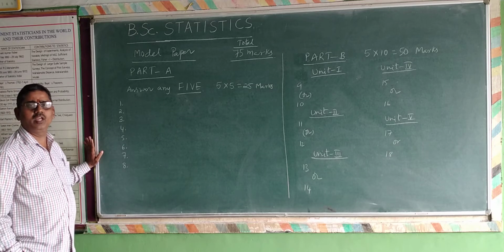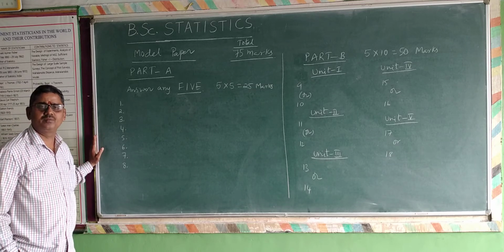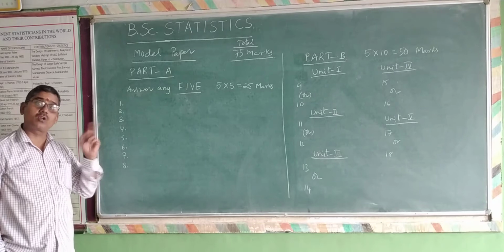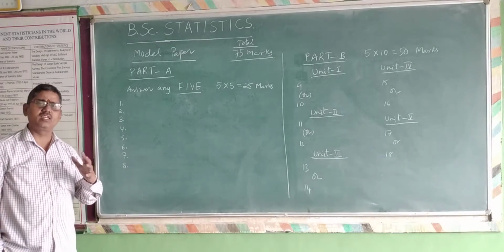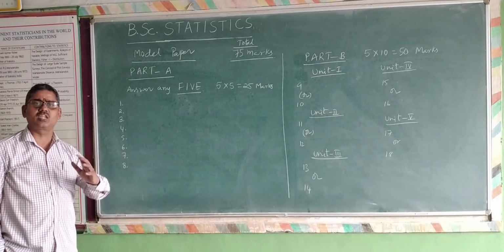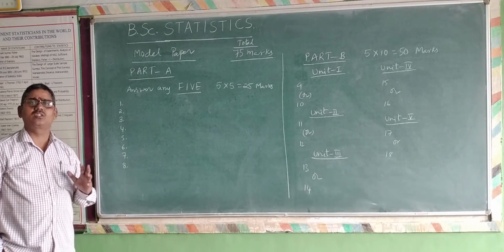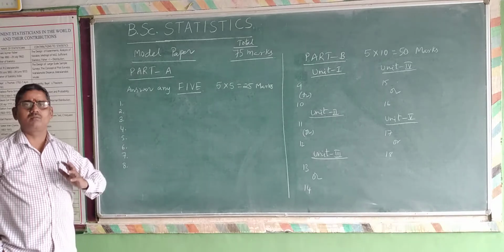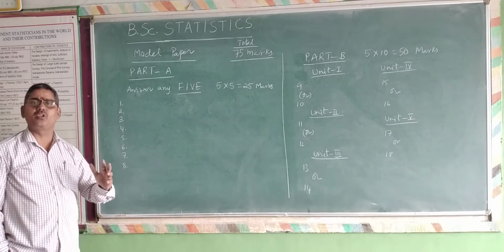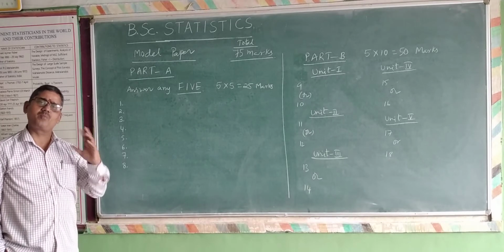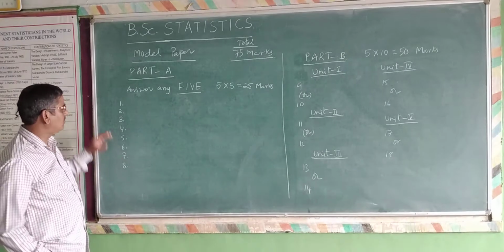from each and every particular unit, and thereafter there is a chance of another question from 3 units. Probably it's one such guess, one such estimation I'm giving to you, explaining how to prepare for the examination.